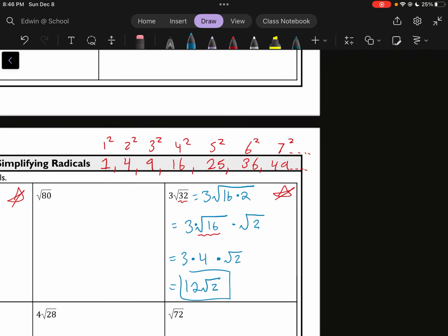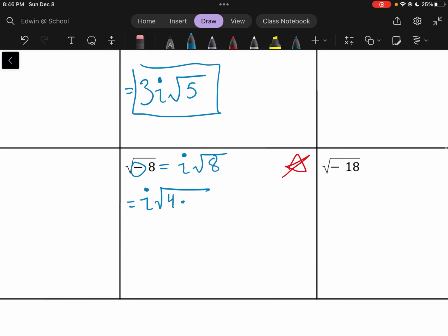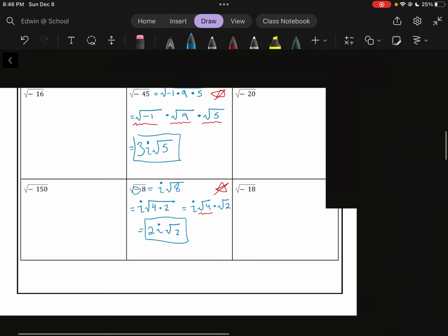So you just look up here. Well, 9 doesn't divide. Well, 4 divides. We could just do 4 times 2. This means i times square root 4 times square root 2, which just means square root 4 is 2. So we got 2i square root 2. Easy peasy.